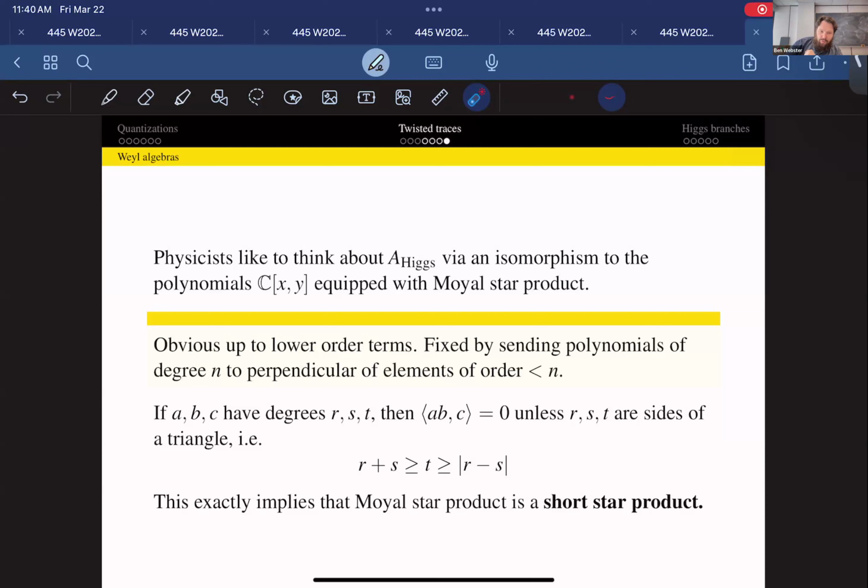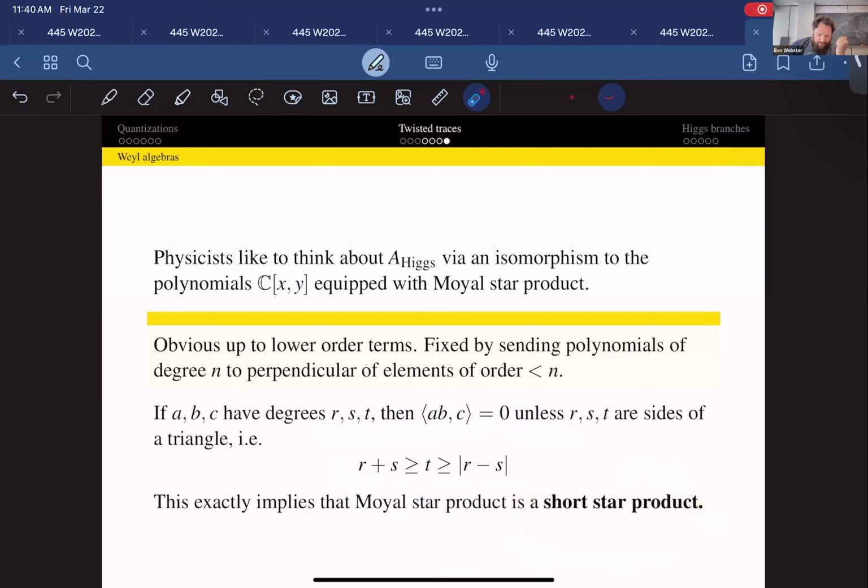So that tells you, of course, that T can't be too big, but it also tells you T can't be too small. So somehow you can't get expressions showing up that are too low, which would be an inner product where T is very small and R and S are big, by this triangle inequality. And this is exactly what's called a short star product.